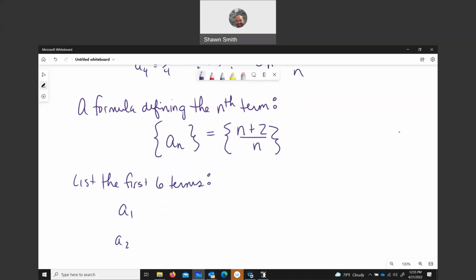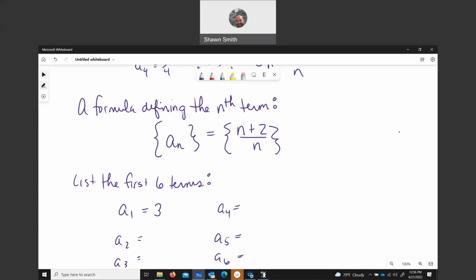A1, A2, A3, A4, A5, A6, what are they equal to? I tell you, nobody misses this on the test. This is way too easy. Put in 1, 1 plus 2 is 3, divided by 1, 3.